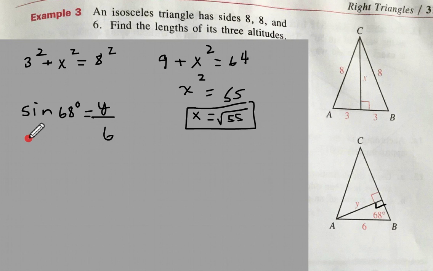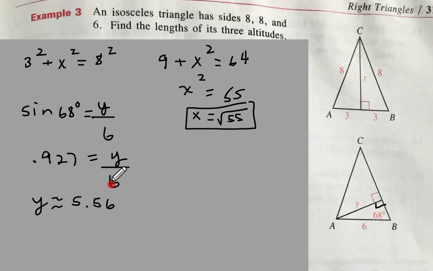So we put sine of 68 in your calculator. So we get 0.927 equals y over 6, and we cross multiply. And we're going to get y is approximately equal to 5.56.